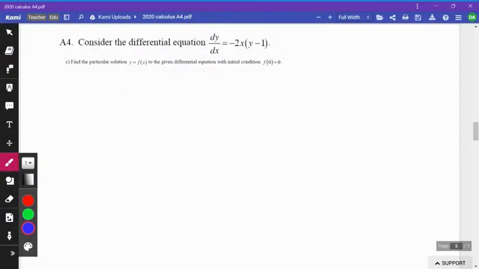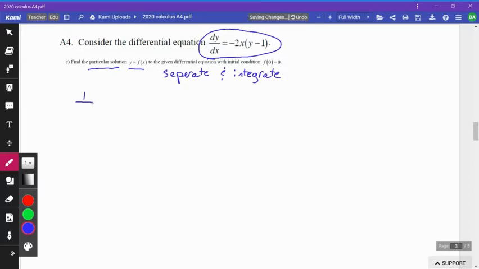Now in part C, what I want to do is find the particular solution y equals f of x. I am given the derivative, so what I need to do is separate and integrate. This is going to separate into 1 over (y minus 1) dy and -2x dx.